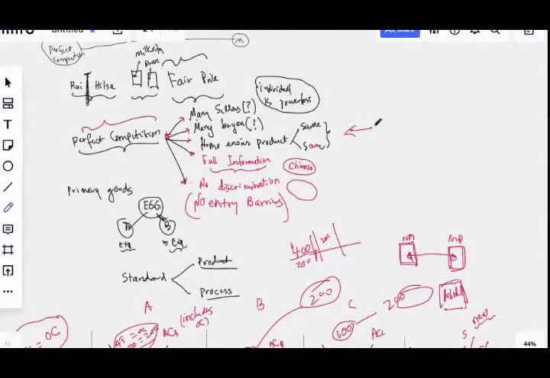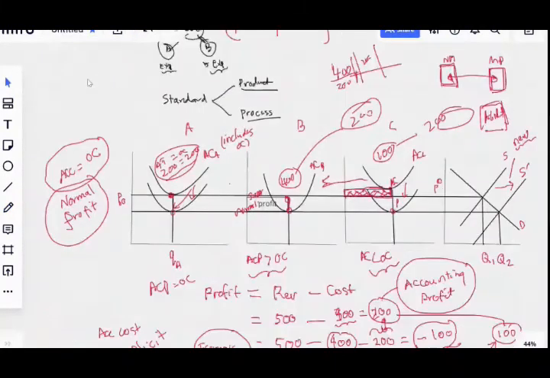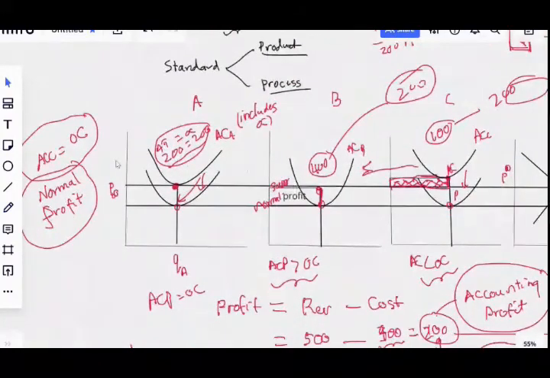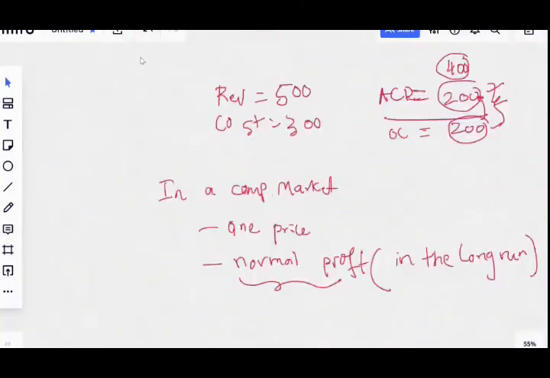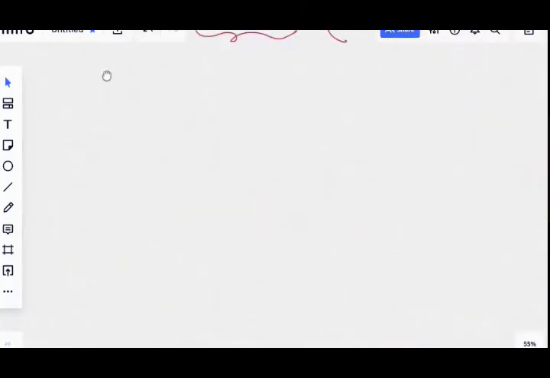Economists said the competitive market is almost an impossible market because nobody wants to stay in it. Everybody says, I'd better get out of this market. So the competitive market is like a utopian market, it's a concept.